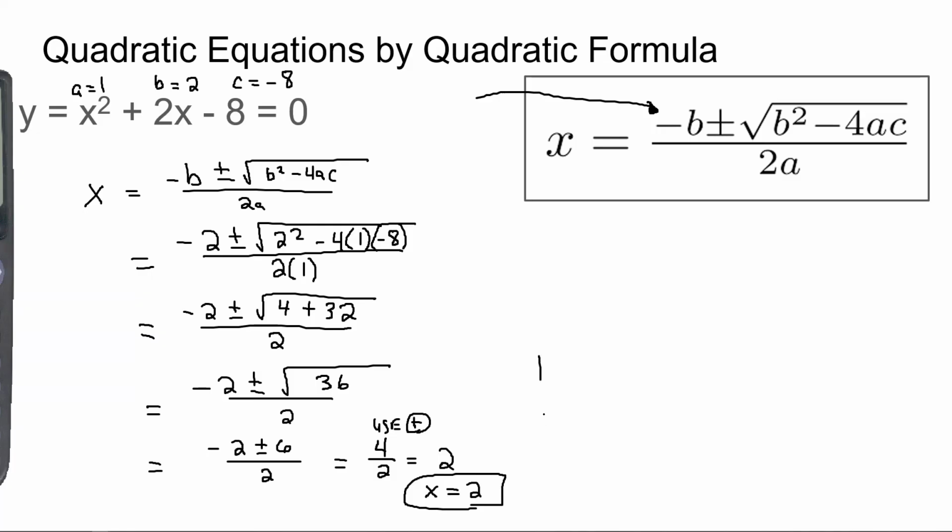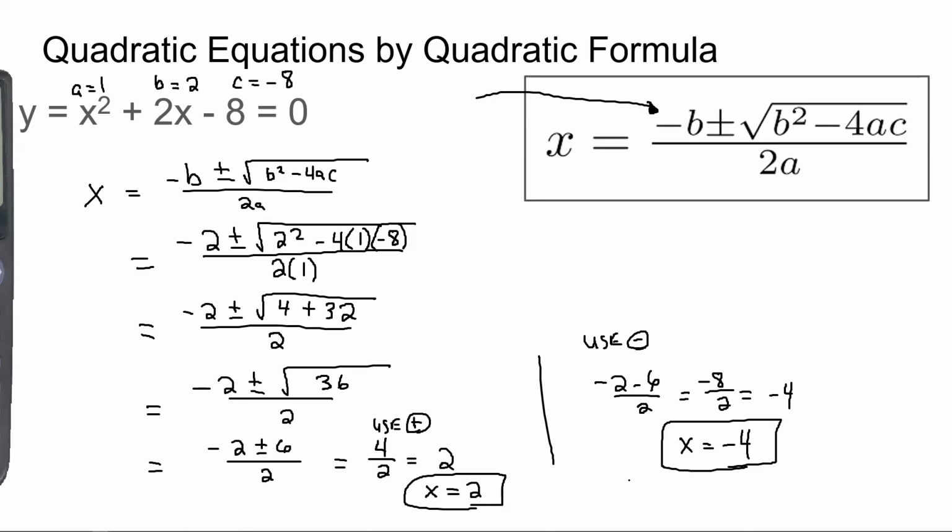Okay. To do the other one, I want to use the negative sign right here. So that would be negative 2 minus 6 over 2. Negative 2 minus 6 is negative 8. Negative 8 over 2 is negative 4. So the other solution is x equals negative 4. And if you remember, those are exactly the same two numbers that we got before.